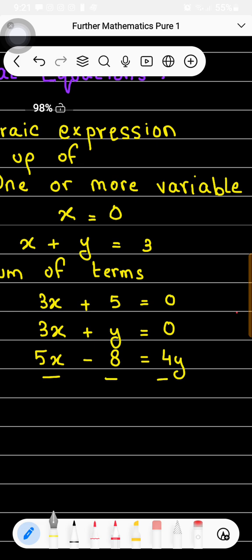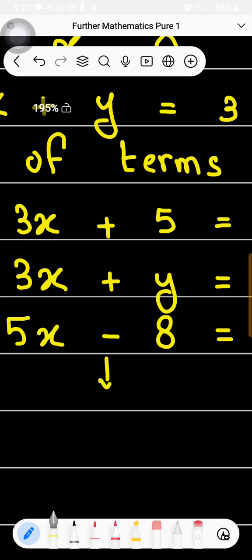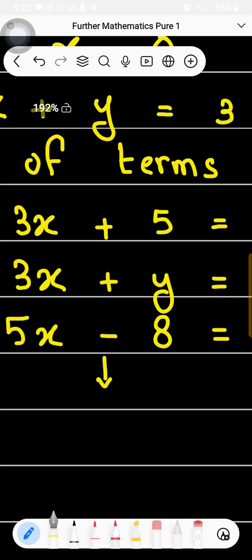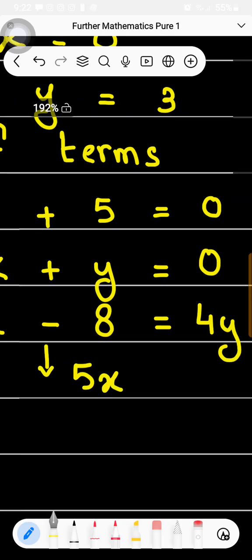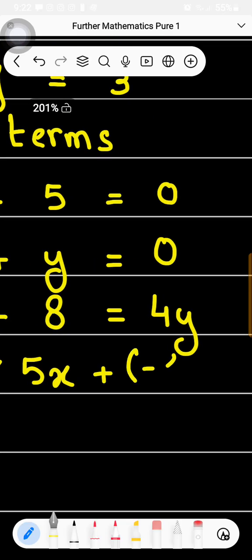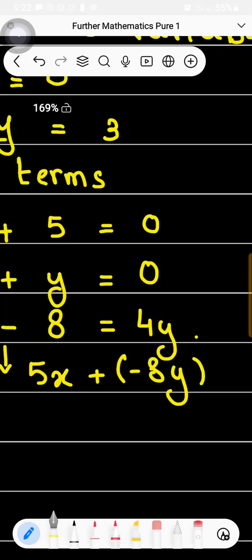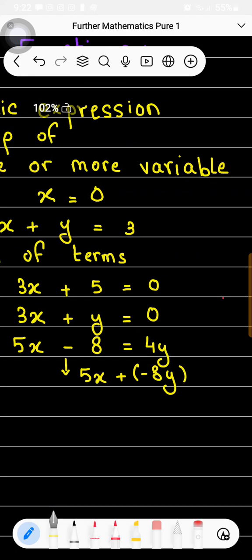Let me repeat, first term, second term, third term. What we have to do is sum of terms. The negative sign means subtracting. What is meant by subtracting? Subtracting is just adding a negative number. It is like this: 5x plus minus 8. Subtracting is just adding a negative number. So yes, here is also a sum of terms. Thus this is also a polynomial equation.